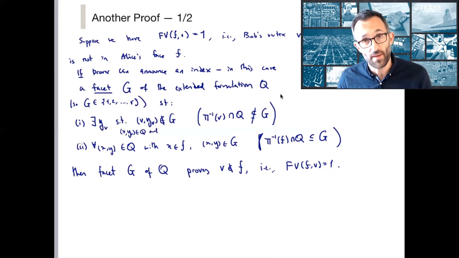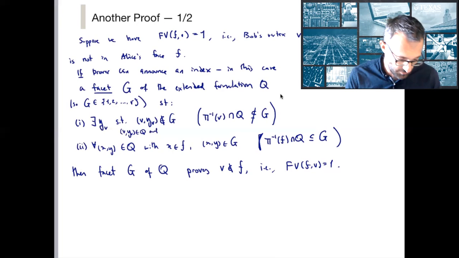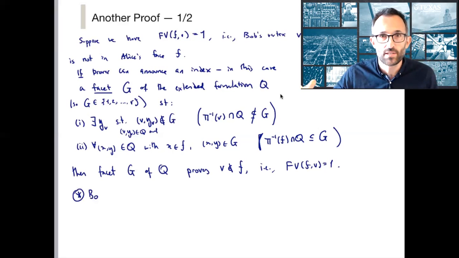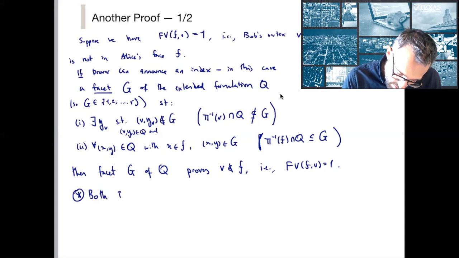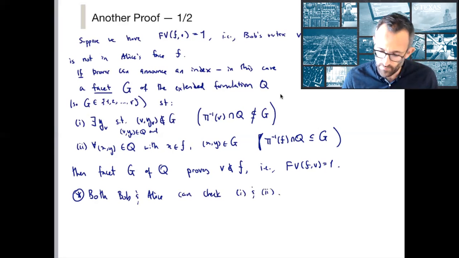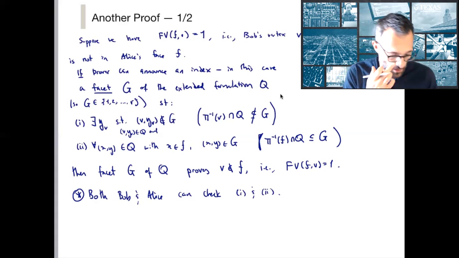And that tells us immediately that FV of little f, little v is equal to 1. And the key point is that Bob and Alice can each evaluate whether or not 1 and 2 hold. So this is the key, and the whole reason that G is called a proof, or a hint, is that both Bob and Alice can check 1 and 2. Whereas, of course, they can't by themselves check whether FV of little f, little v is equal to 1. And this is the whole point.